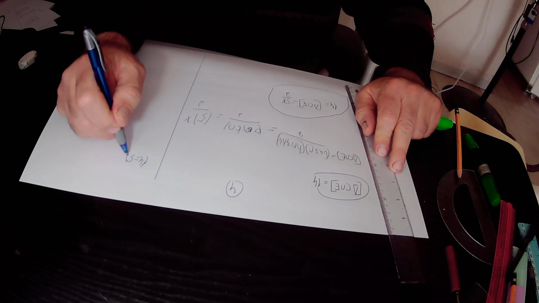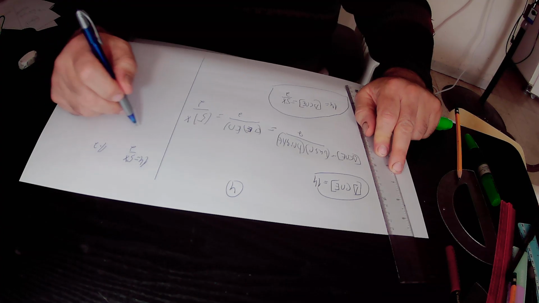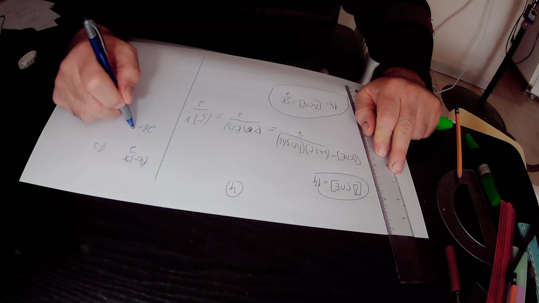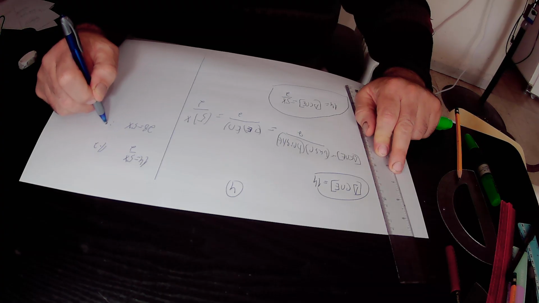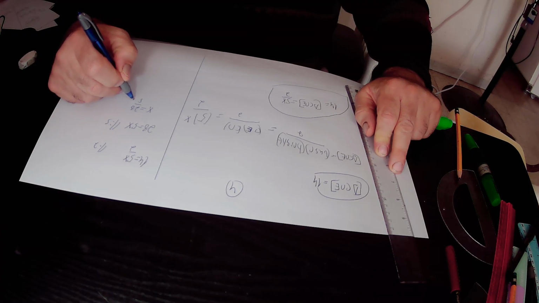Here we multiply this equation by 2 and finally get that 14 times 2, which is 28, equals 5x. Here we divide this equation by 5 and finally get that x equals 28 over 5 units in length. 28 over 5 is 5.6 units.